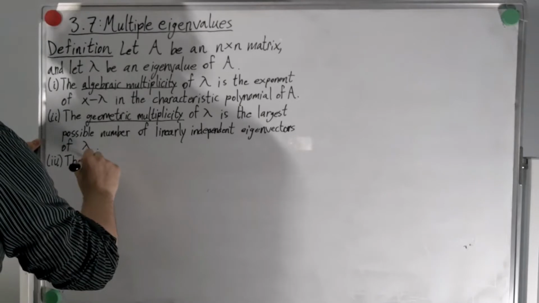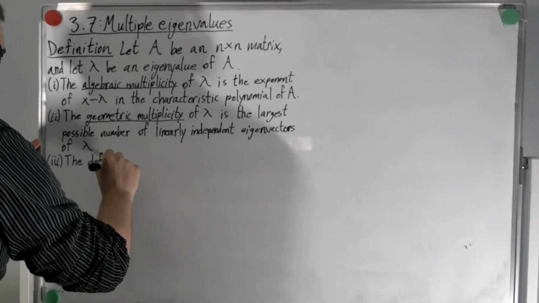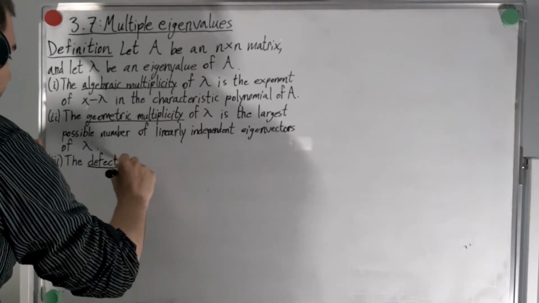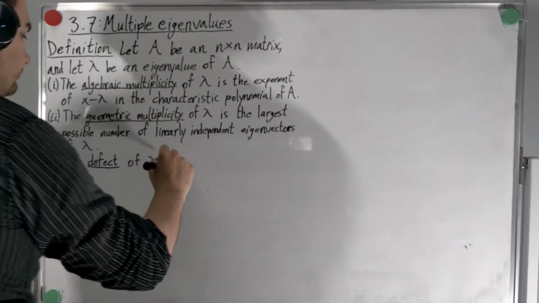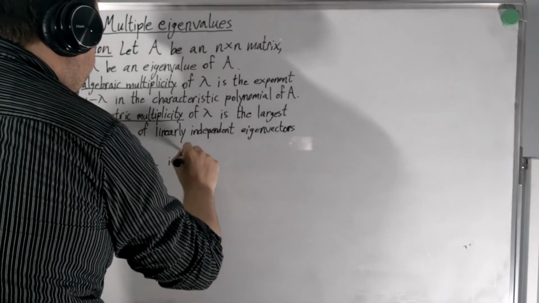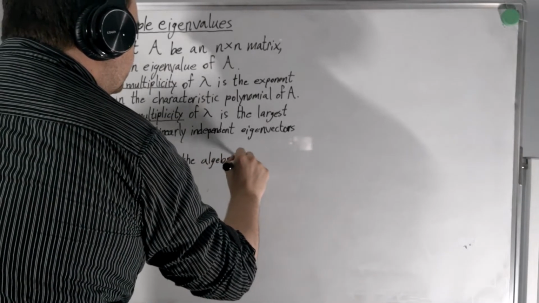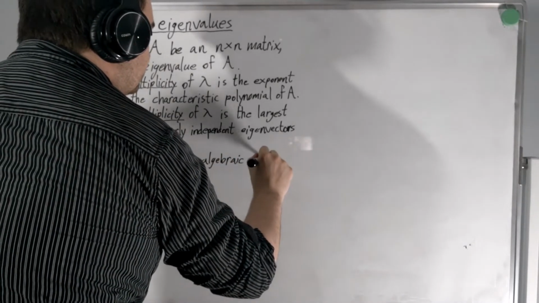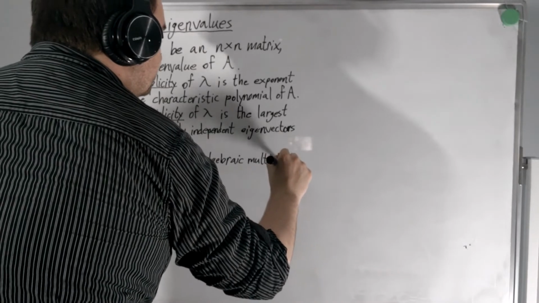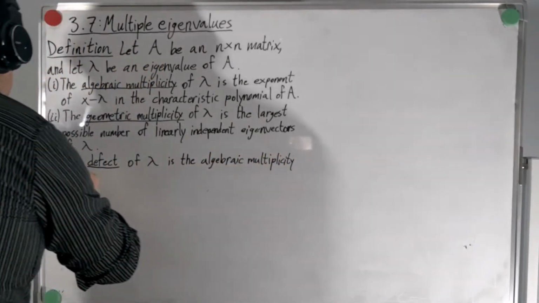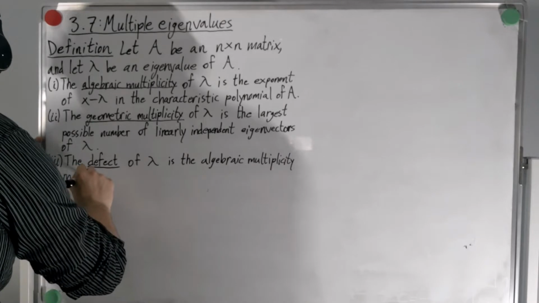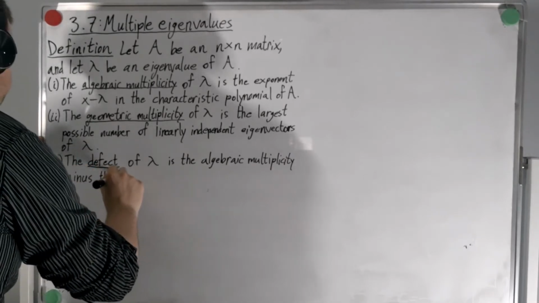The defect of lambda is the algebraic multiplicity minus the geometric multiplicity.